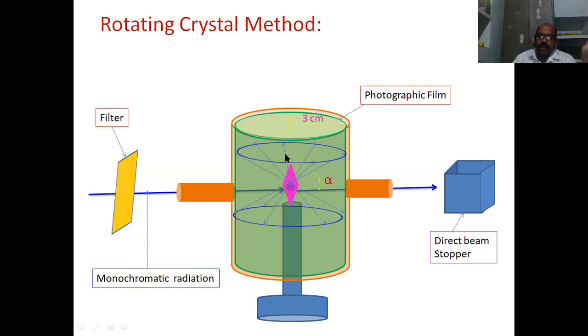Here I have shown only one layer, and above this we can identify many more layers. The distance of that layer from the initial direction of incidence is what we observe on the film as a layer line.